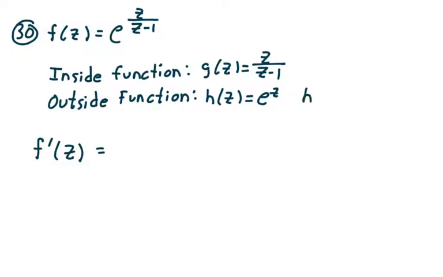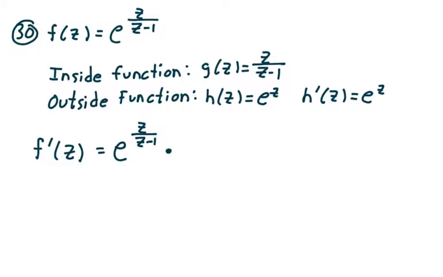Now, I'm going to take the derivative of the outside function, but I'm going to evaluate it at the inside function. So in other words, I'm going to look at h prime of z and then replace z with z over z minus 1. So we're going to get e to the z over z minus 1.